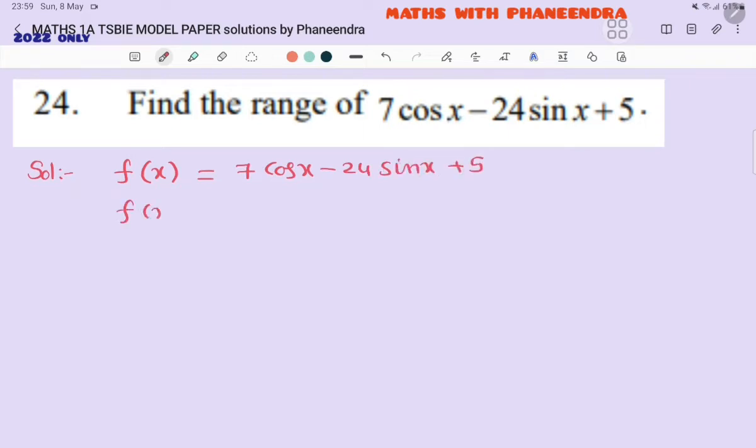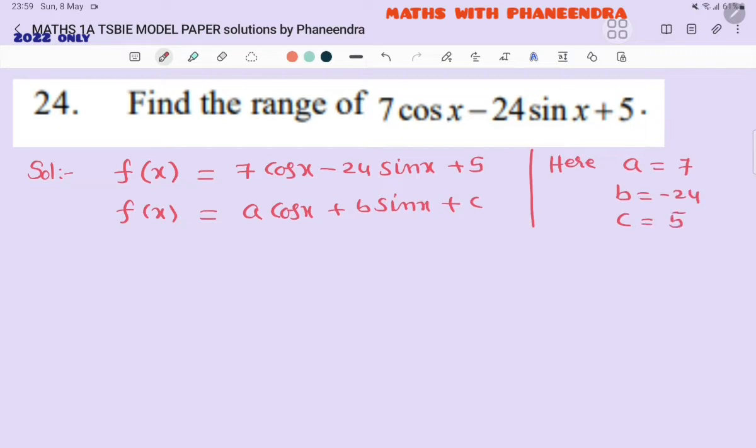Compare with f of x as a cos x plus b sin x plus c. So here mention the a, b, c values. Here a is equal to 7, b is equal to minus 24, c is equal to 5.